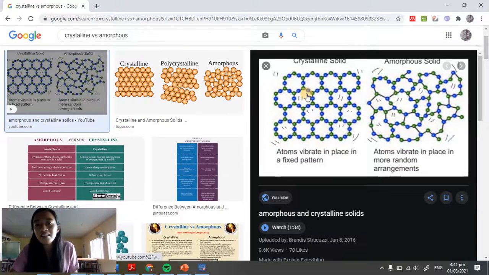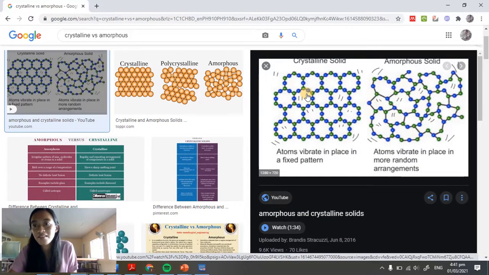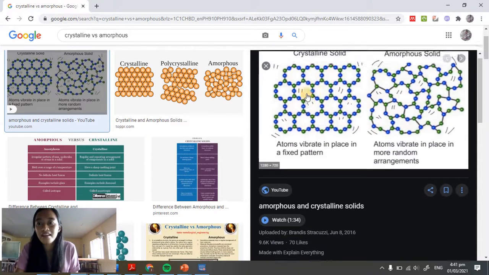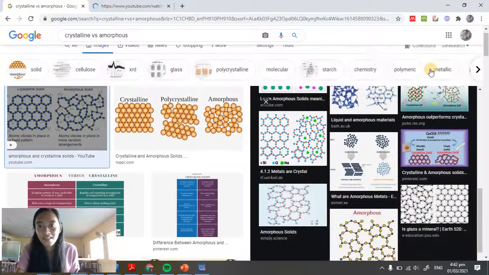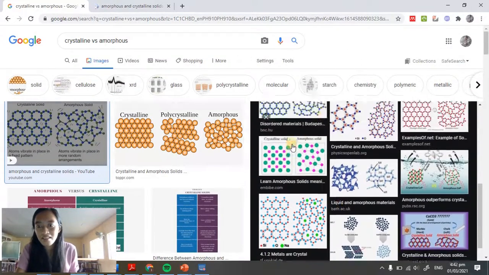Kani. Crystalline, balik-balik dyan ang pattern. Sa amorphous kay, gubot ang pattern. Wala siya repeating pattern. Di siya organized. And then, atoms vibrate in place in more random arrangement. Here, atoms vibrate in place in a fixed pattern. Kuyog sila. Tanan na sila ang pattern na mag-form. For example, kani hexagon. Okay.